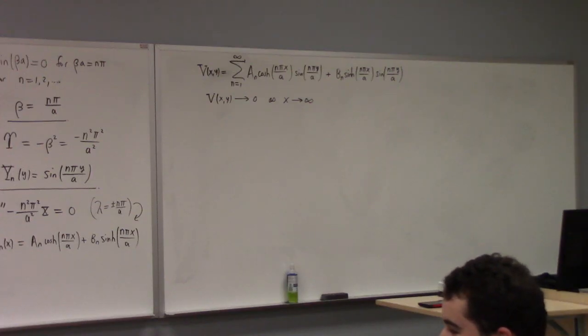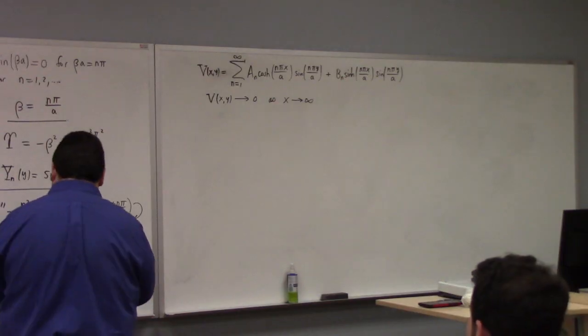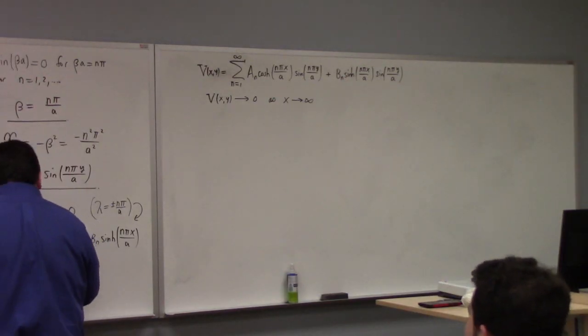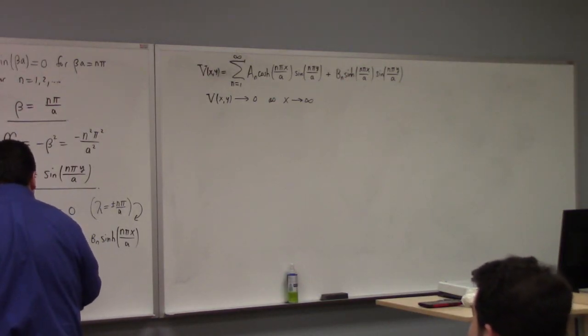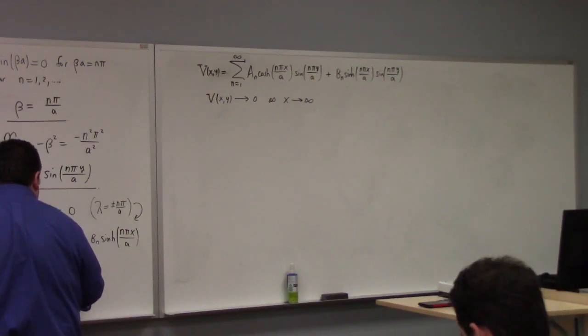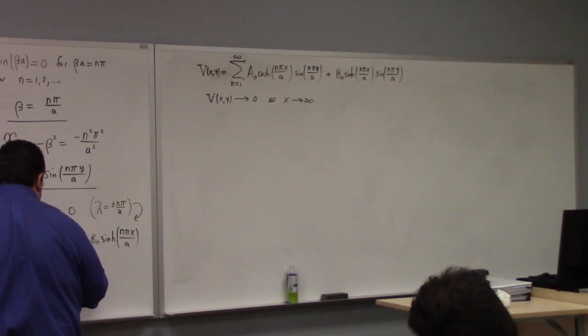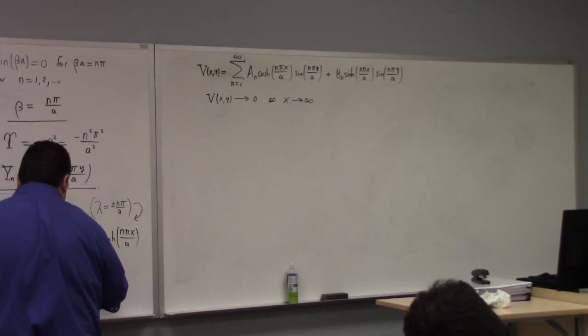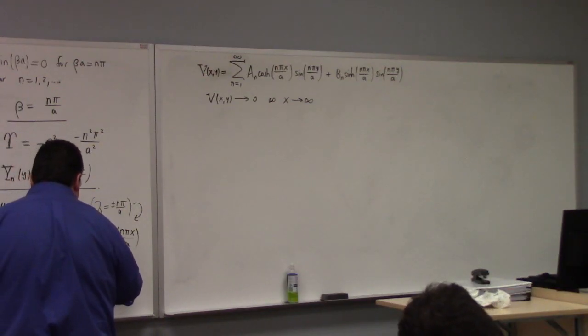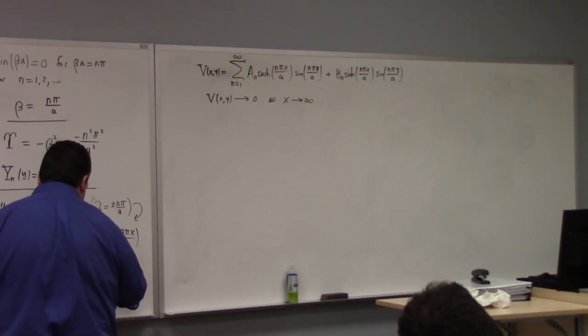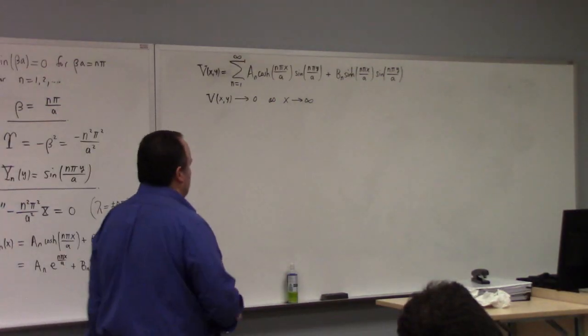Rats. The reason to use exponentials here is because, why? Oh, right. Because each of them has a positive value. So if I use exponentials, a sub n e to the n pi x over a plus b sub n e to the minus n pi x over a, right?